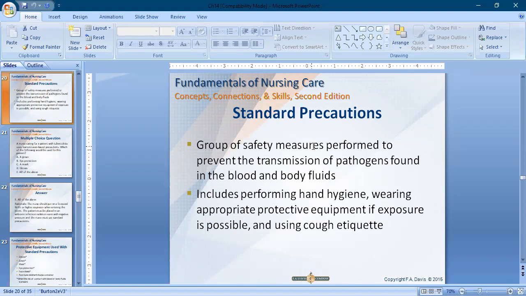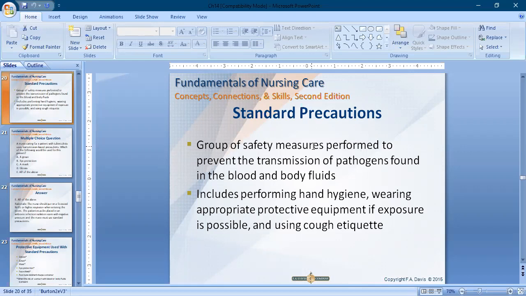It also includes performing hand hygiene, wearing appropriate protection where exposure is possible, and using a cuff.